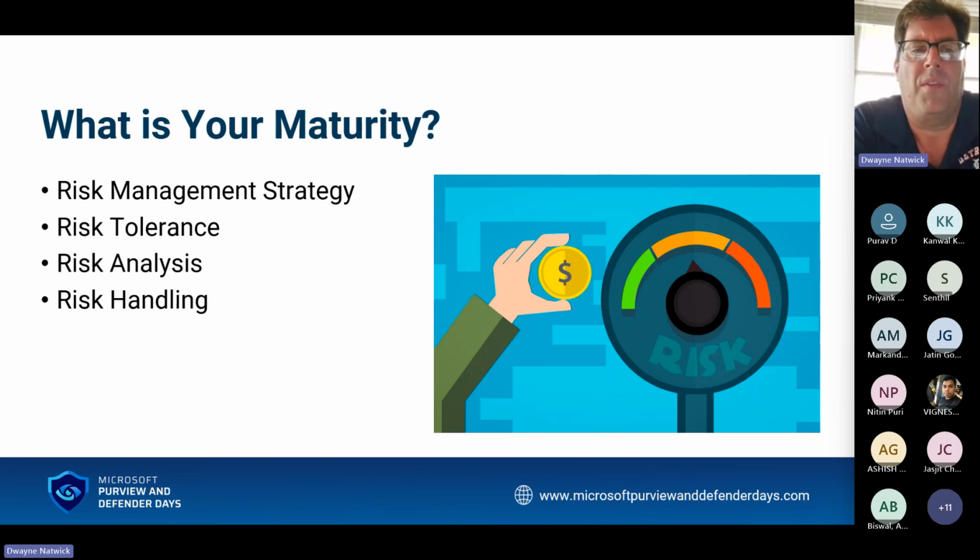What is your organizational risk tolerance? How are you handling risk within your organization? Everything around data governance has to do with the tolerance that your organization has in the potential of data being exposed. And if that data is exposed, what is the impact of that exposure to your organization?